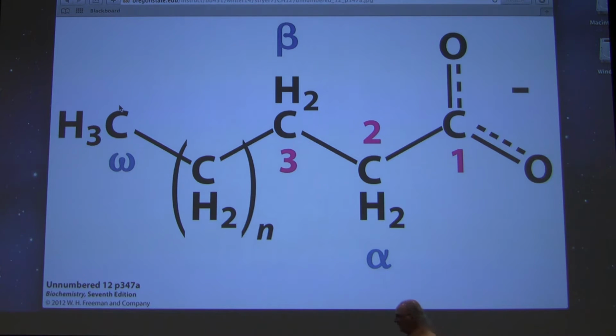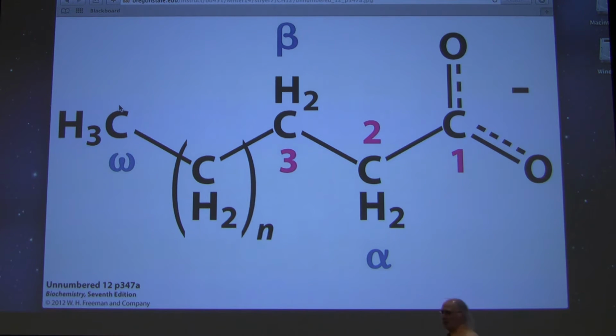Okay. Fatty acids can be numbered or named in two ways, and I want you to be aware of those different ways. Okay? There's a designation called omega, and there's a designation called delta. The first one that you see on the screen is called omega. Omega is numbered starting at the methyl end of the fatty acid.